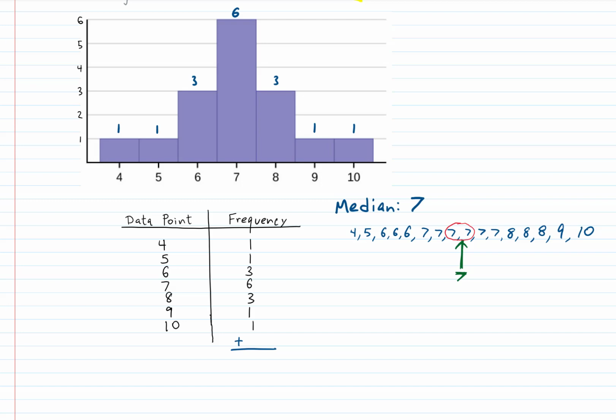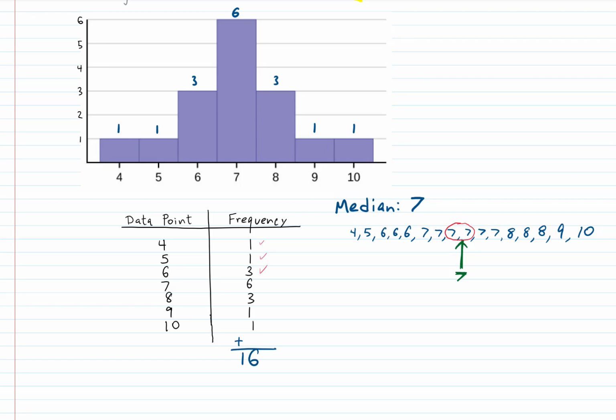So after that little detour, what I was saying was you don't have to list out the numbers. It wasn't too painful for me to write out those 16 numbers, but what if it was 116? I wouldn't want to write those all out, would I? I could have just added these up and found out that there are 16 numbers, and then just counted down to the 8th one, in which case I would say there's 1, and then 2, and then 3 more makes 5.